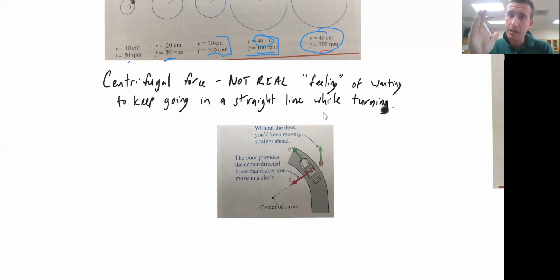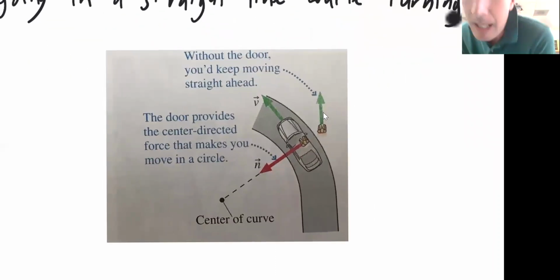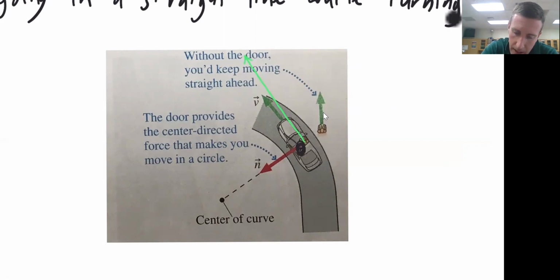So while I'm making a turn, what's happening here is if I zoom in, I'm in a car. The normal force is going to push me in towards the center. My velocity wants to keep going. So what happens is if I'm here, my velocity wants me to keep going in a straight line out to here. But the car turns. So the car right here is going to end up on the road over here.